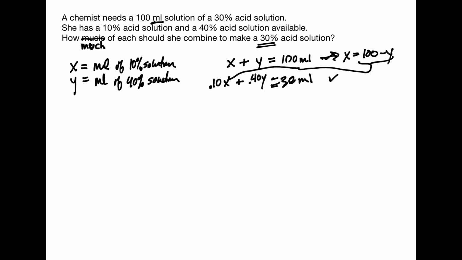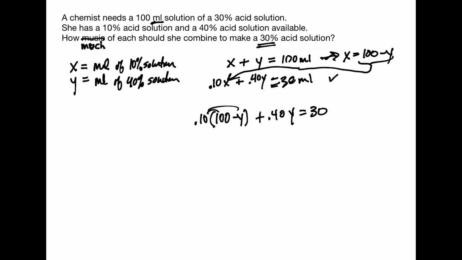So let's keep it going. So 0.10 times 100 minus Y plus 0.40 times Y equals 30. All right. I can tell I made a mistake there because I still had an X and I had a Y, so something was off there.